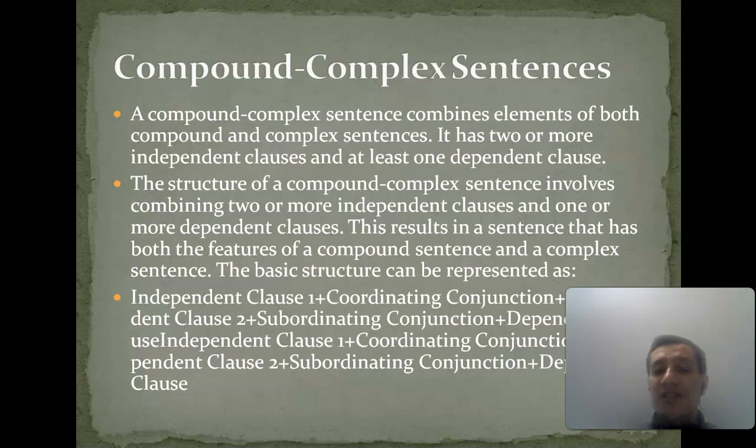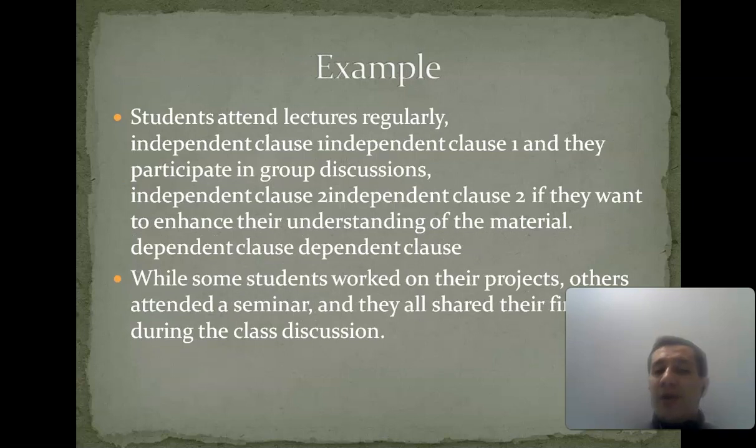This results in a sentence that has both features. And here we have the structure: independent clause plus coordinating conjunction plus the independent clause number two, plus the subordinating conjunction plus the dependent clause. And I am going to provide you with an example that is going to be a little bit clearer.